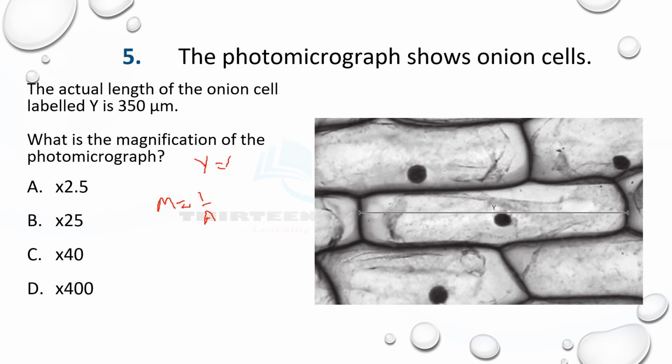We don't work with centimeters, so convert to micrometers by multiplying by 10,000. The image size is 140,000, not 14,000, because 14 times 10,000 is 140,000. Then divide by the actual size, 350.